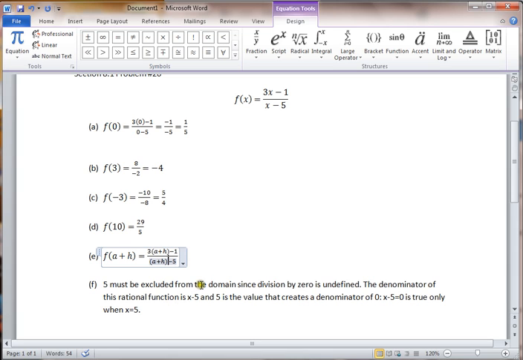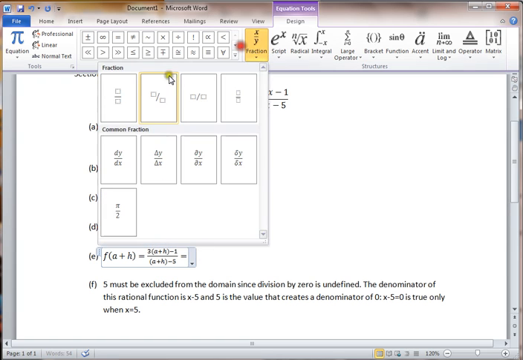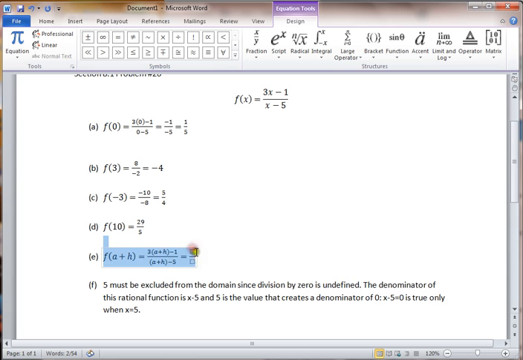So now, a lot of people get freaked out a little bit because this has all these variables in it, but you're just simplifying this just like we did in chapter 7. So you got to distribute the 3, you get 3a plus 3h minus 1 on the top.